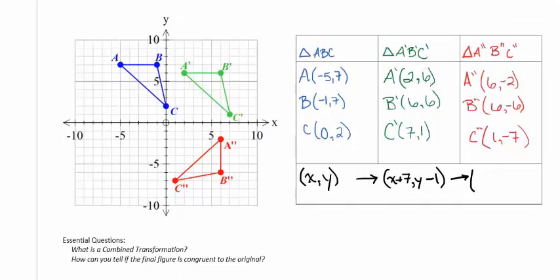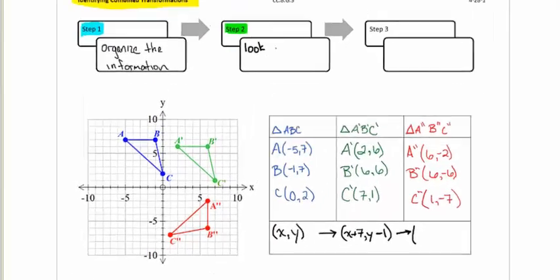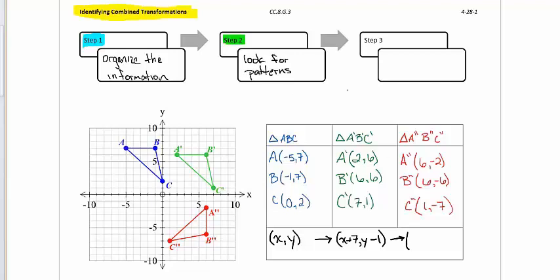So step 2 is to look for patterns. If we look at our first transformation to the second transformation, A prime, B prime, C prime to A double prime, B double prime, C double prime, we notice that the y coordinate becomes the x coordinate, and that's consistent as you look throughout your data.